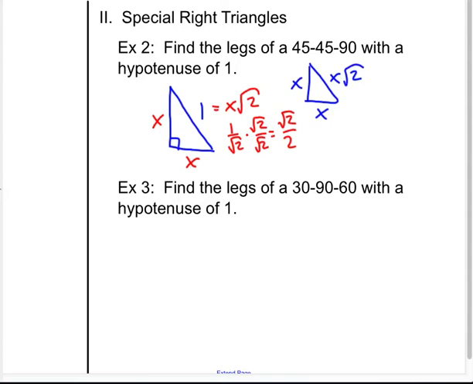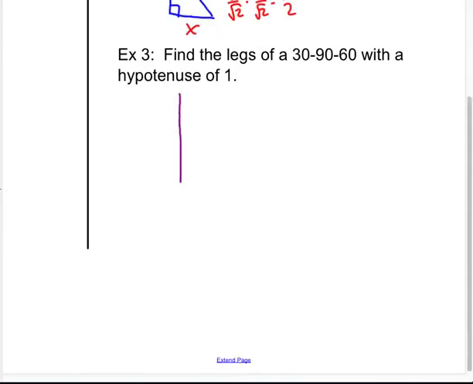For example 3, I'm looking at the legs of a 30, 90, 60 with a hypotenuse of 1. So remember, the short leg is across from the short angle. So if my hypotenuse is 1, and again to remind you of this relationship, we had x, 2x, x times the square root of 3, and that's why I put the angles out of order.